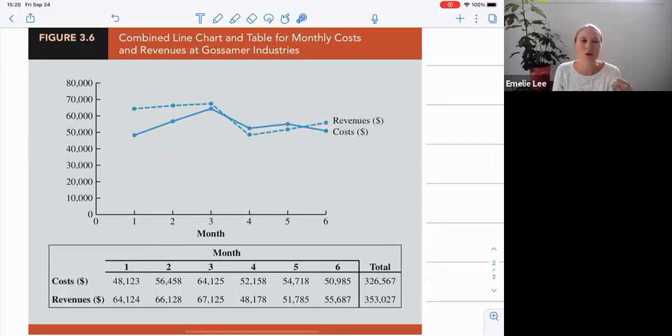If we needed to know the actual differences in the costs and the revenues, then we would need to have a table, right? And so it depends on the information that you want to show or that the decision maker needs.